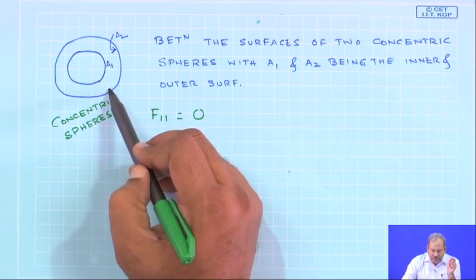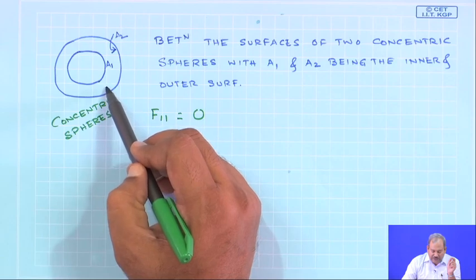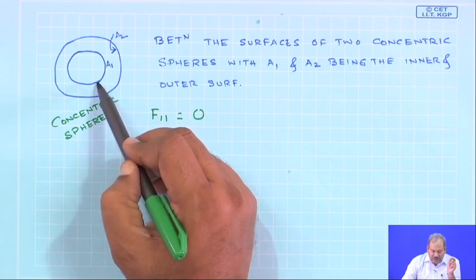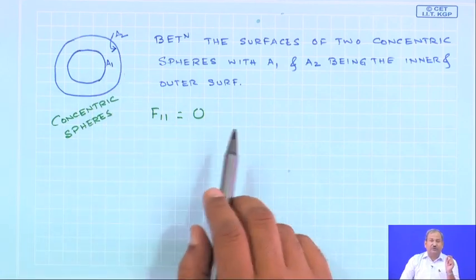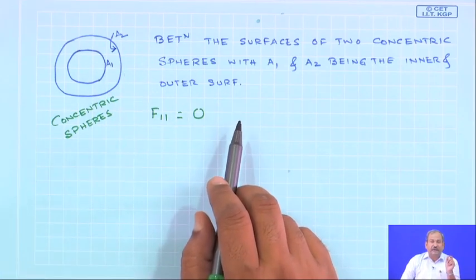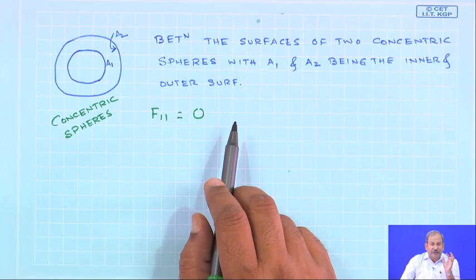It may get reflected from the outer surface and may be incident on surface 1 again, but the definition of view factor is that it is the fraction of emission which is emitted by a surface and falls directly on itself.